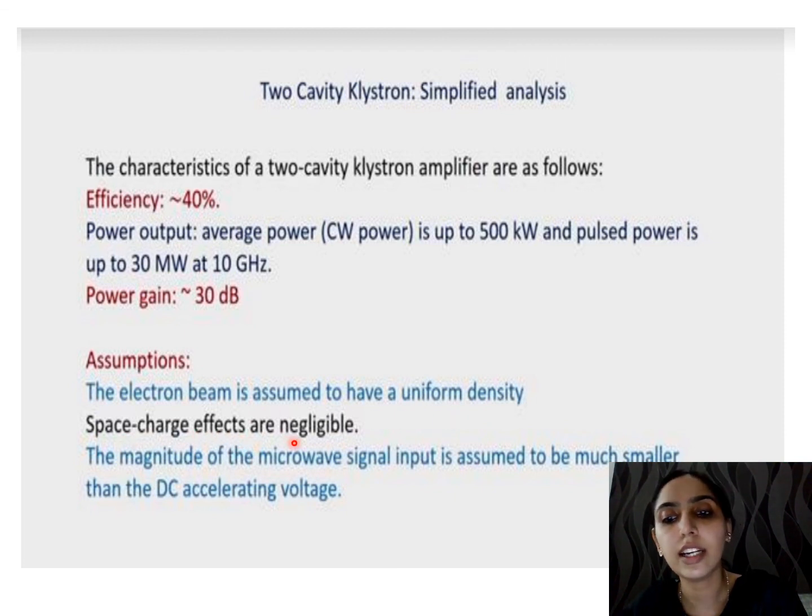Space charge effects are neglected. One more important assumption is that the DC accelerating voltage, denoted by capital V0, is very high compared to the microwave signal input. The magnitude of the microwave signal input is assumed to be much smaller than the DC accelerating voltage. So these are the characteristics and assumptions of the two-cavity klystron amplifier.